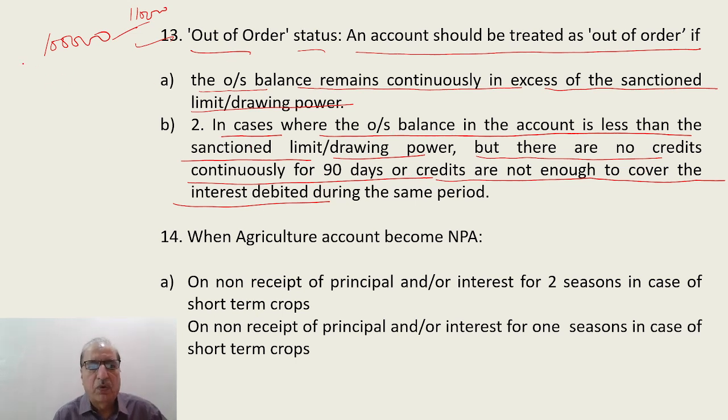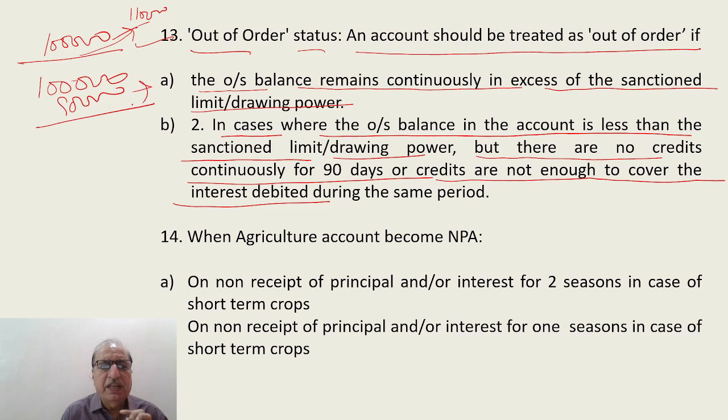It means one is when the account remains in excess of the sanction limit, and secondly, supposing the limit is 1 lakh and the balance outstanding is 90,000, but there are no credits in the account for 3 months, or supposing interest debited is 5,000 and the amount received is only 4,000, then that account will become out of order and that will also be called an NPA.